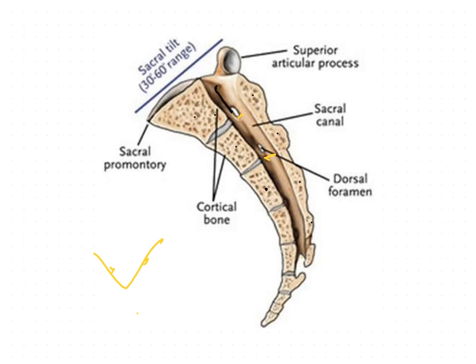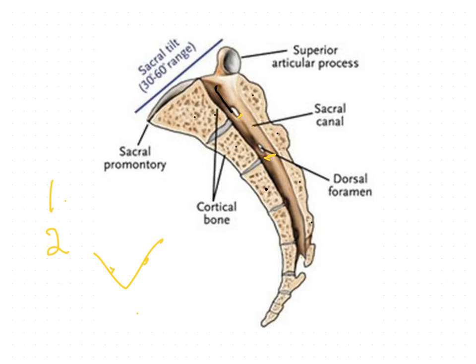So these are the contents present in the sacral canal. What are they? The cauda equina including the filum terminale, the first one; second, the surrounding spinal meninges; third, the sacral and coccygeal nerve roots; and fourth, the lateral sacral vessels. These are all the contents of the sacral canal.